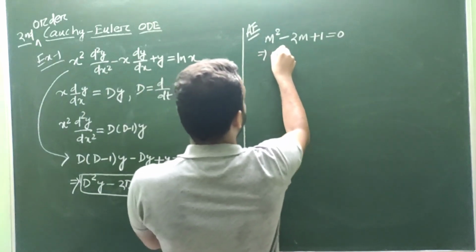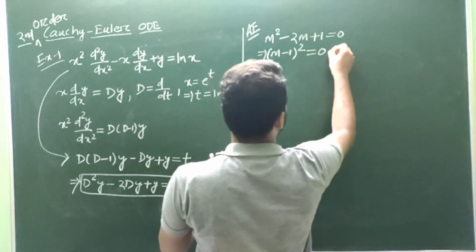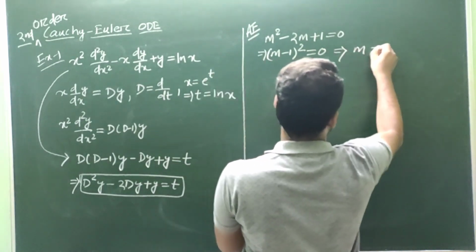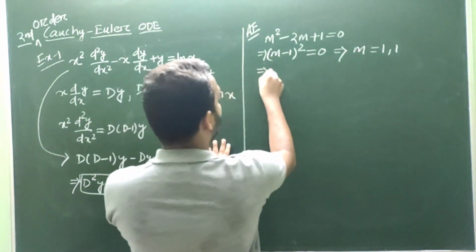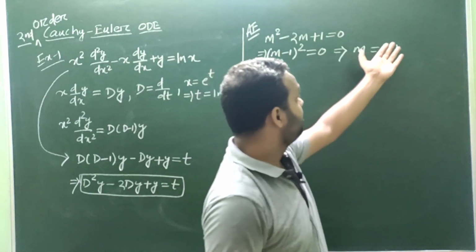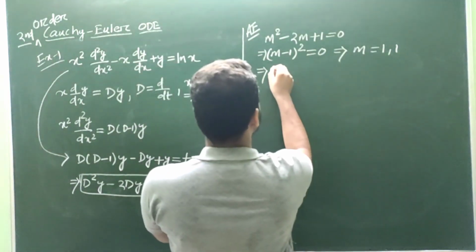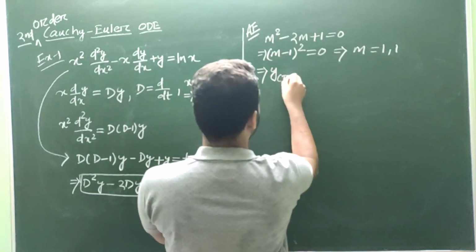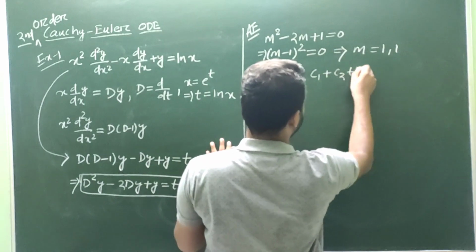This is m minus 1 whole square is equal to 0. So this will give m is equal to 1 and 1. And I told you, whenever the roots are equal and real, in that case you get y CF is equal to C1 plus C2 t.